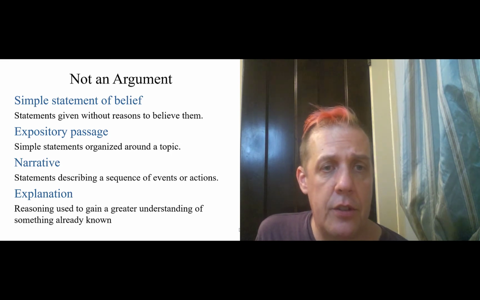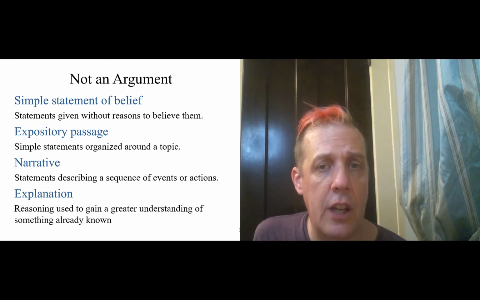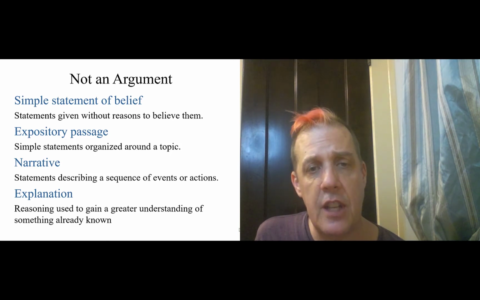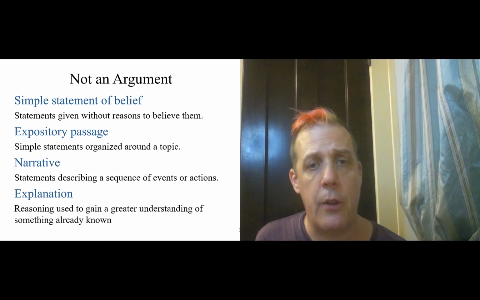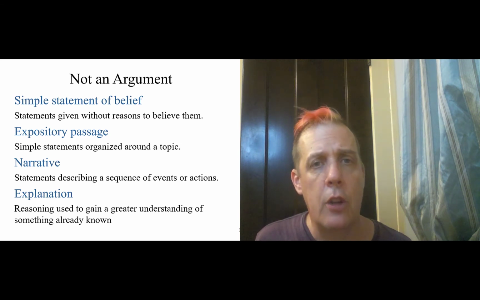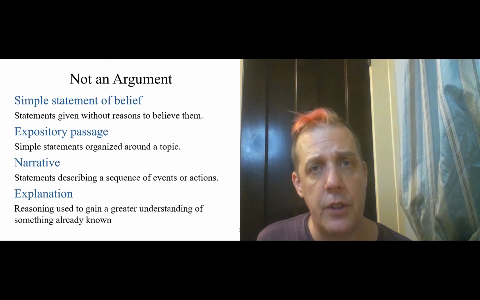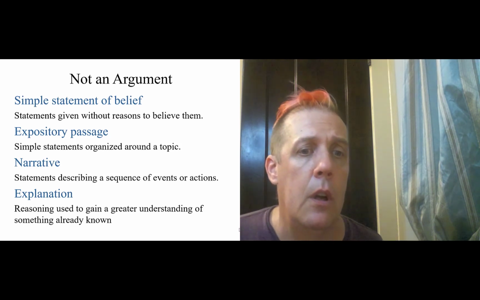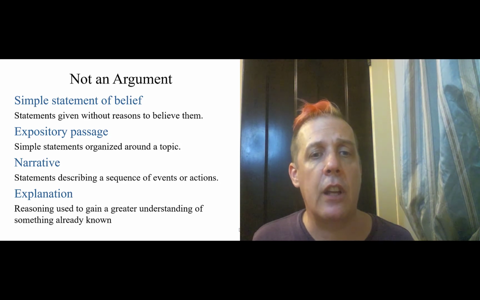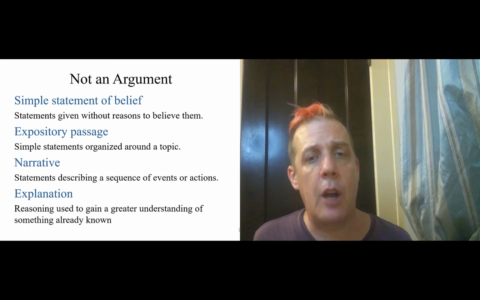Expository passages, that is a passage that is organized around a topic, is not an argument. So you've got a bunch of statements, but none of them support each other. You're just describing something. Newspaper reporting often falls in this category. A narrative is a sequence of statements, but rather than giving an argument, they just describe events in time.